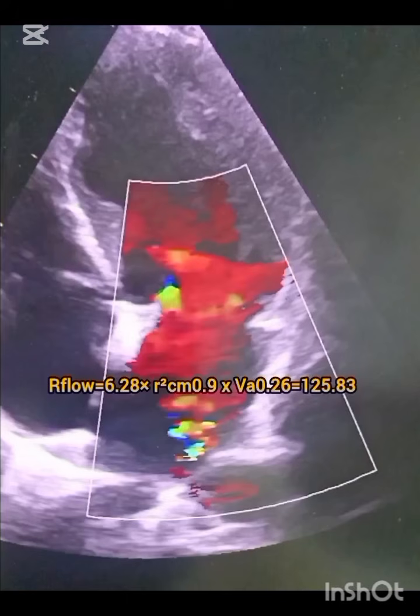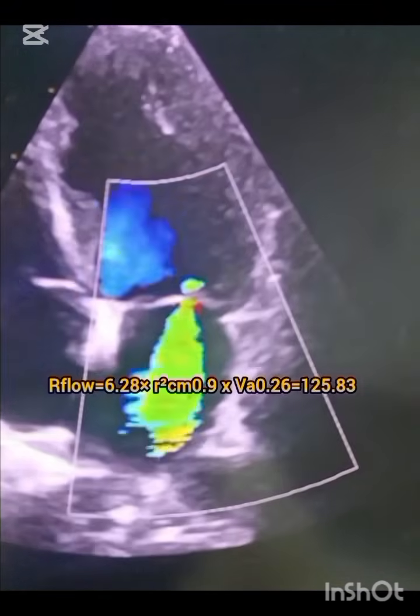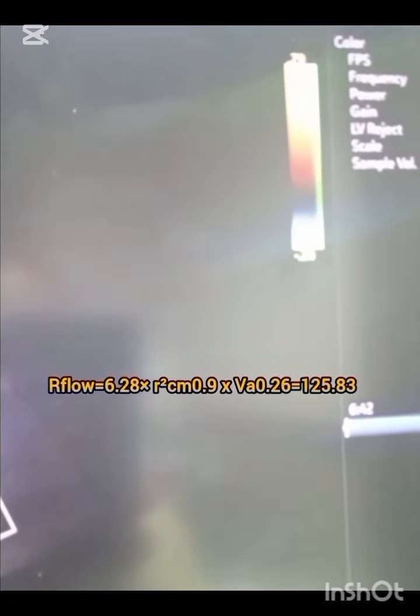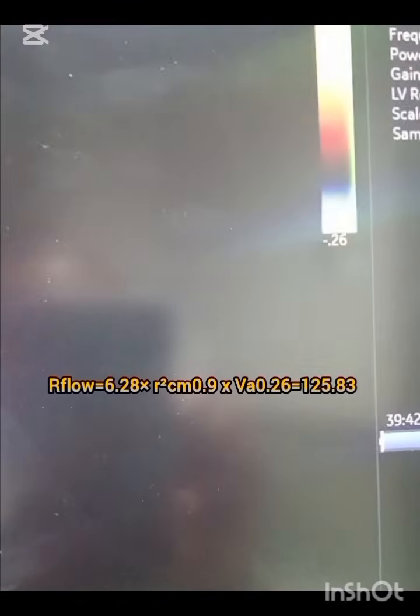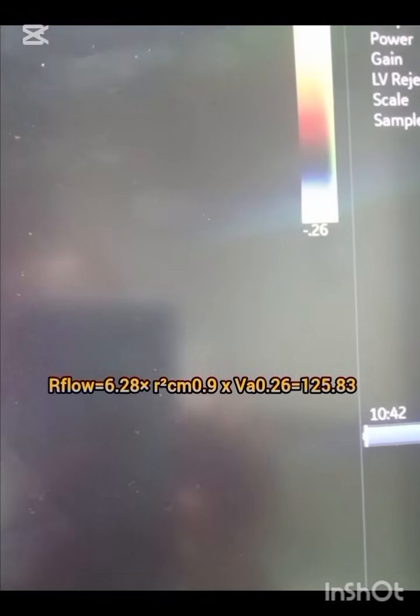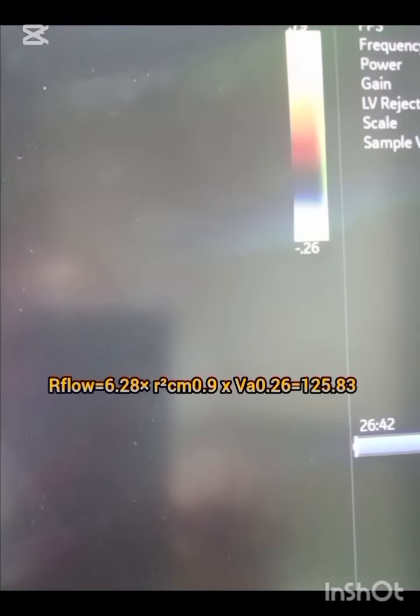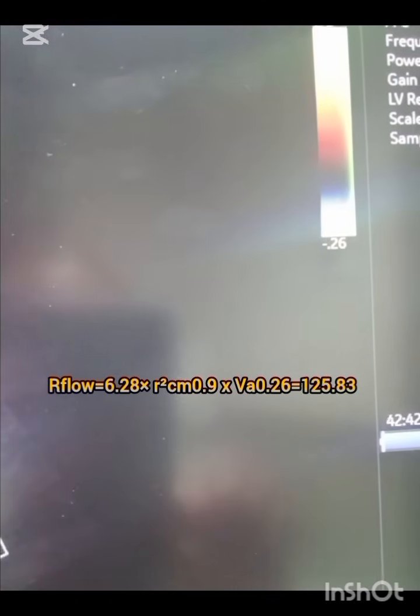Now regurgitant volume and effective regurgitant orifice by the PISA method. Use apical 4 chamber or 2 chamber view. Optimize the 2D image. Shift the color baseline in the direction of flow. Set the aliasing velocity between 20 to 40 centimeter per second, as you see in the video.